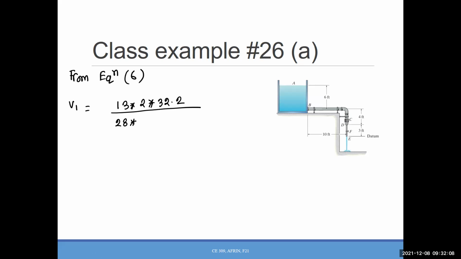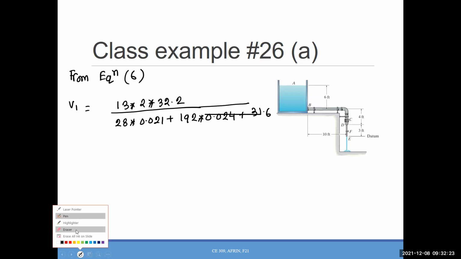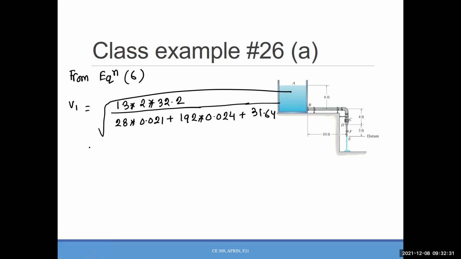What was the friction factor? F1 is 0.021, right? 192 times 0.024 plus 31.64. Okay, if you do all the calculation, you should get 4.78 feet per second.